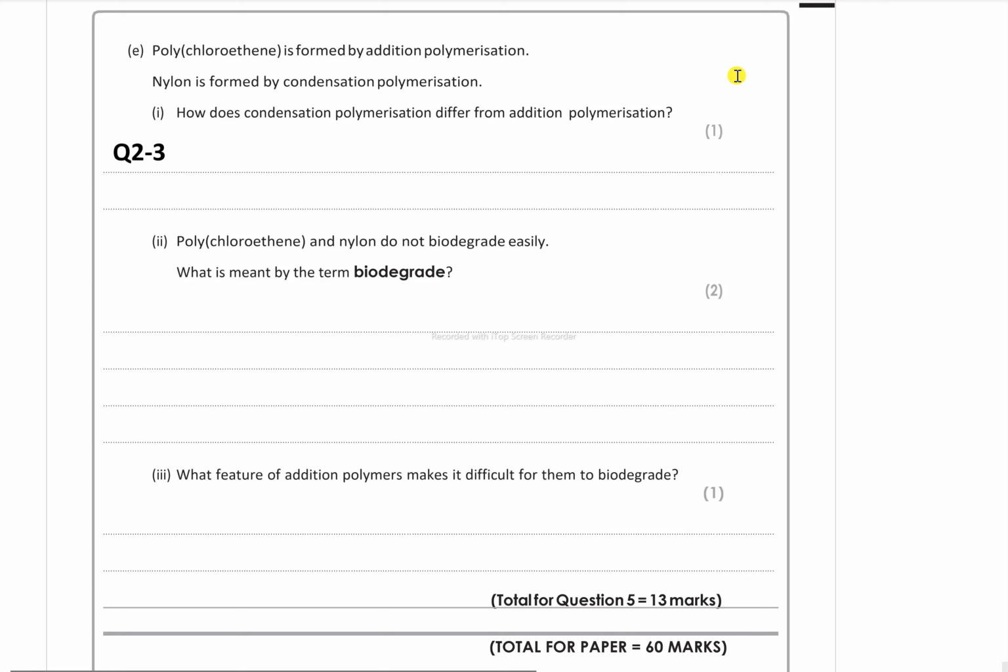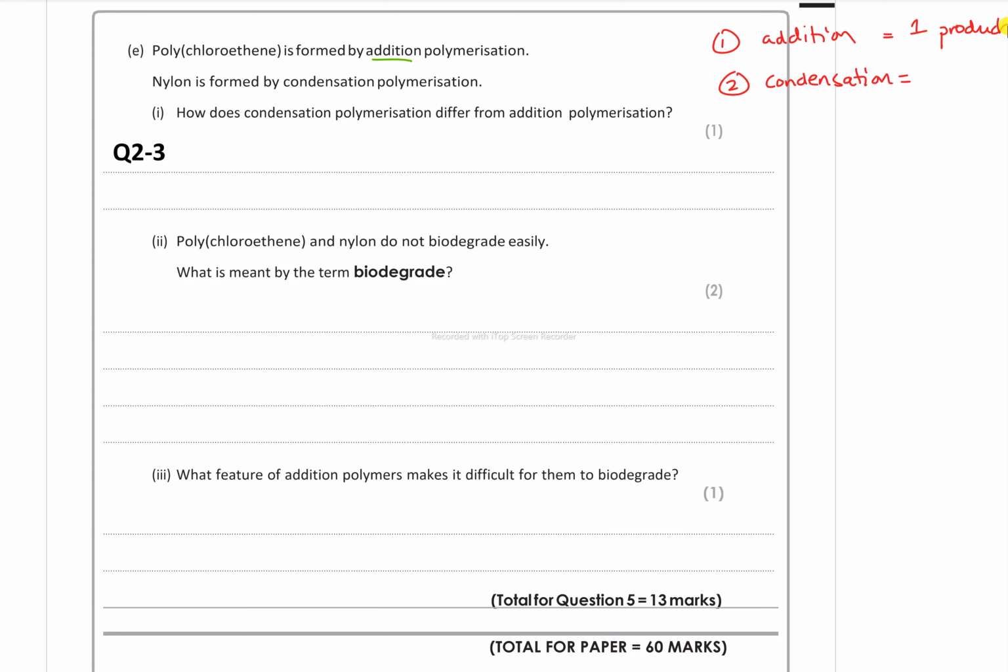Right, polychloroethene is formed by addition polymerization. So look, there's two types. Well, there's lots of types, but addition polymerization, where you only get one product. Condensation polymerization is where you get more than one product.